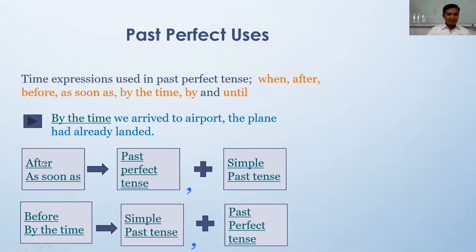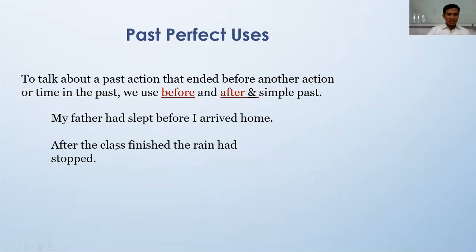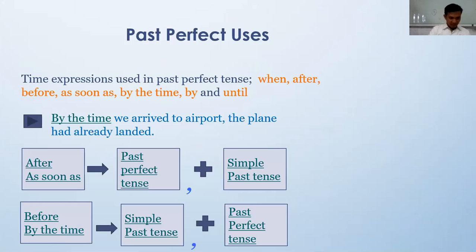Example, like the previous one, after the class finished, the rain had stopped. Yeah, and if you use before, my father had slept before I arrived. So the past perfect tense first, and then before, and then simple past. So the pattern is this one, after and then past perfect tense, and then simple past tense. And before is simple past tense and then past perfect tense.